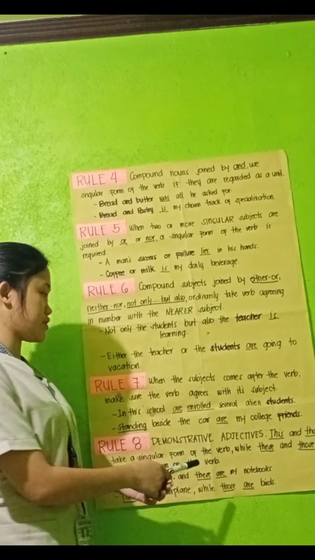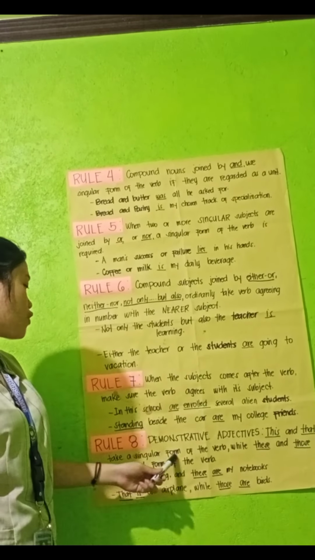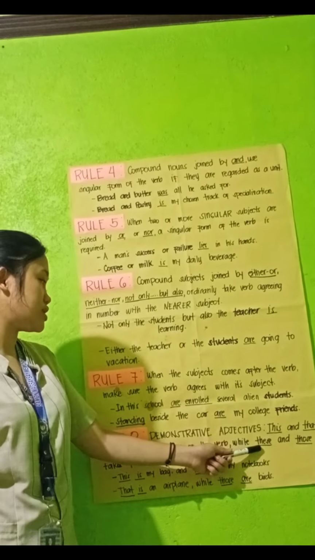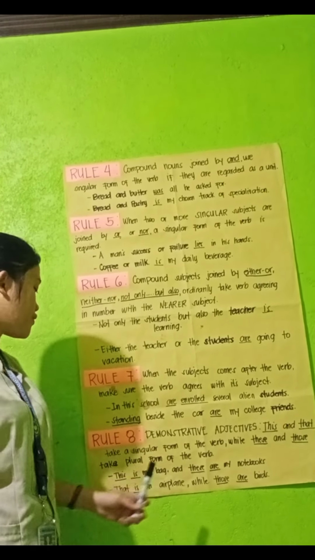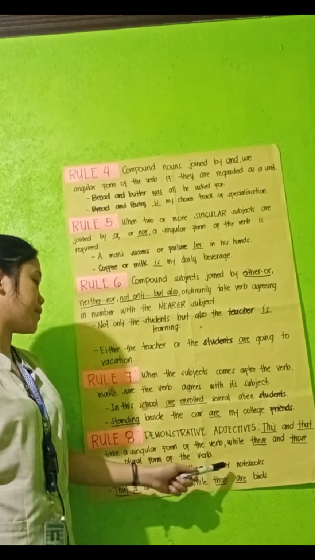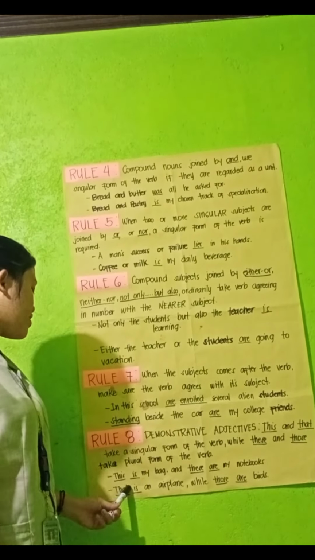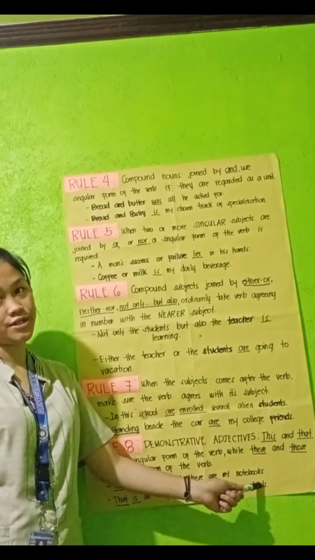Demonstrative adjectives. This and that take a singular form of the verb, while these and those take the plural form of the verb. For example, this is my bag and these are my notebooks. That is an airplane, while those are birds.